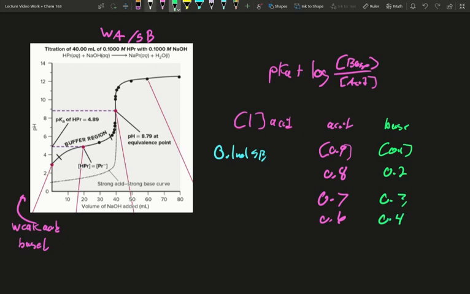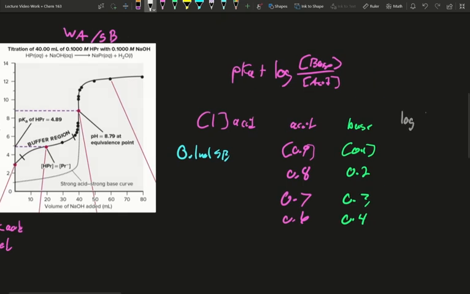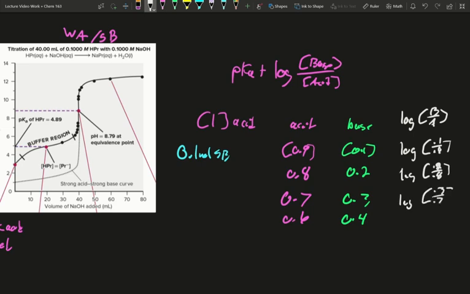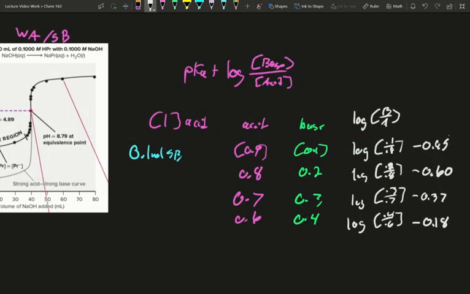As you take the log of those ratios, however, your log of 0.1 over 0.9 versus log of 0.2 over 0.8 versus your log 0.3 over 0.7 versus your log of 0.4 over 0.6, we can see that the changes introduced get smaller and smaller the closer our concentrations get to each other.